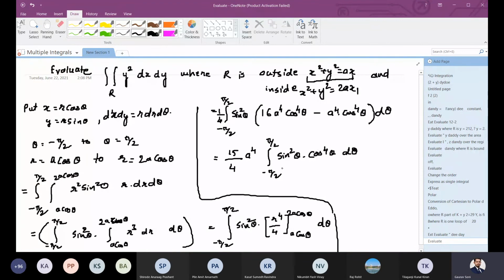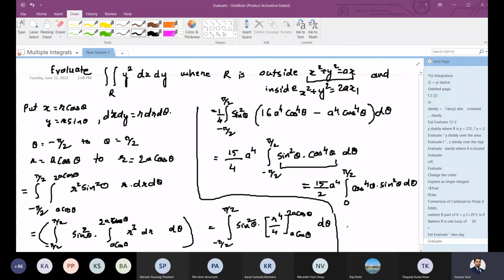Now you can see that this is an even function. So being an even function, I can make it 2 times. So this will be 15 by 2 a raised to 4, 0 to pi by 2 cos raised to 4 theta sine square theta d theta.